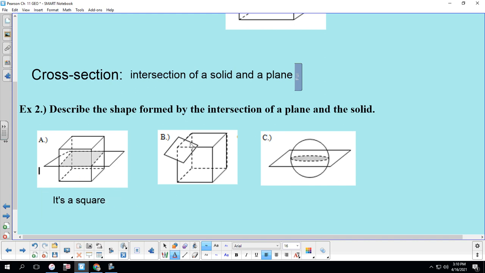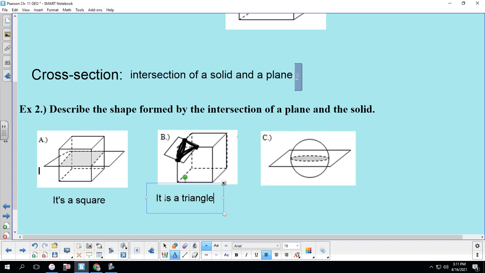All right, we're going to look here. If you have trouble seeing it, just put a point at each intersection and then draw some lines. Like for this scenario, it goes from here to here, from here to here, and from here to here. So we see that this cross section for B is a triangle.